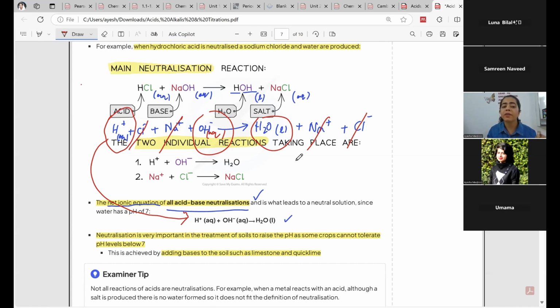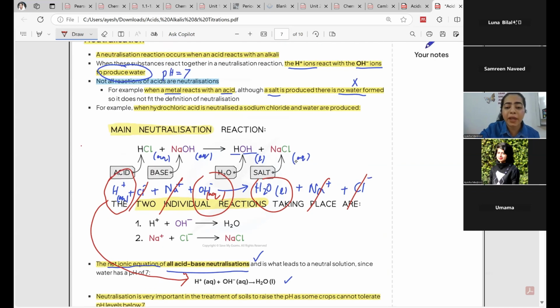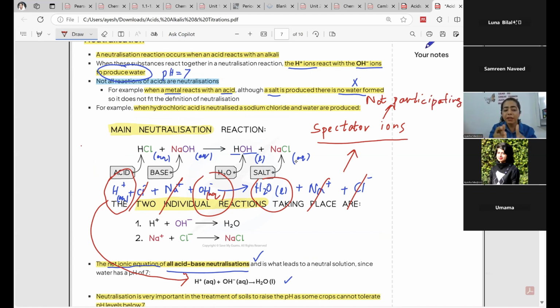And those ions that you are cancelling on both sides, which are the same, remember this one, they are known as spectator ions. And what does it mean by spectator ions? It means they are not participating in this ionic reaction, ionic equation.